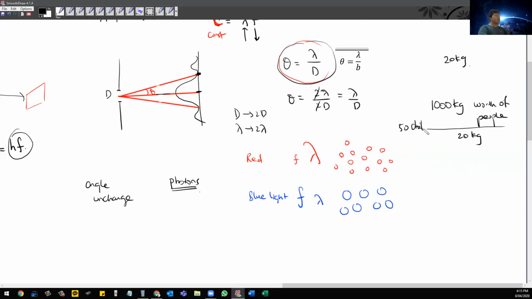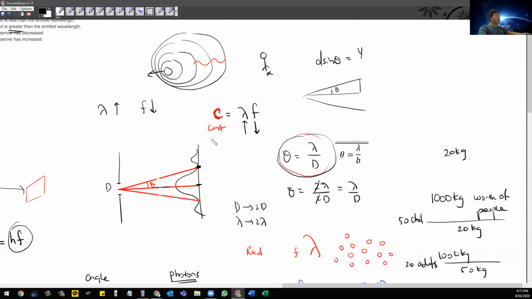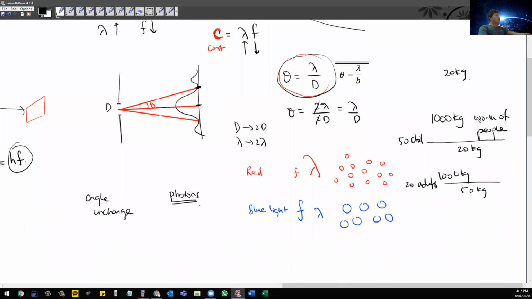But if you have 1,000 kilograms worth of people made up of adults, and let's say adults weigh 50 kilograms on average, then you end up with 20 adults.